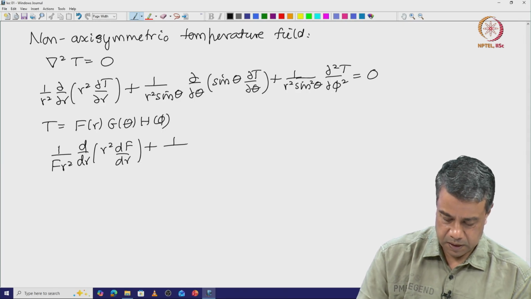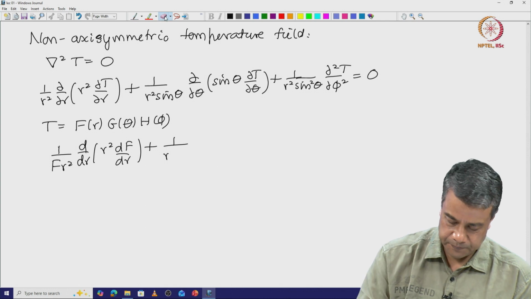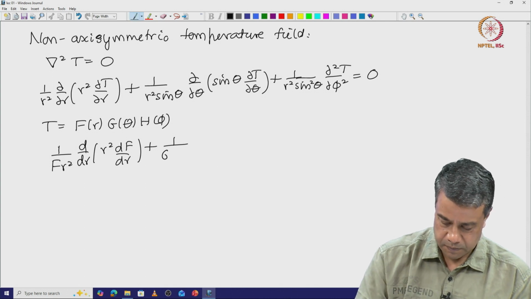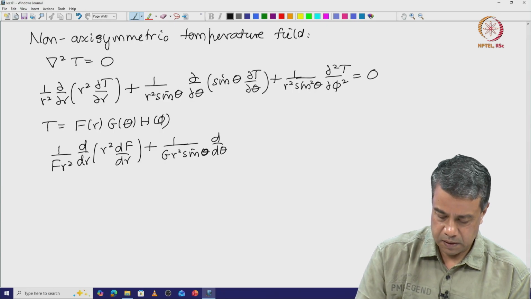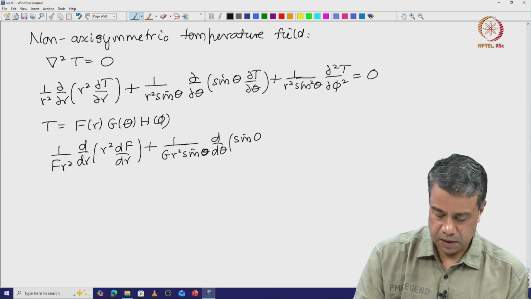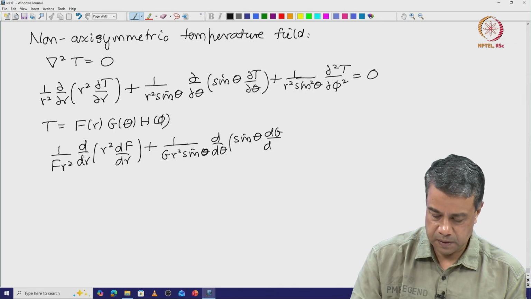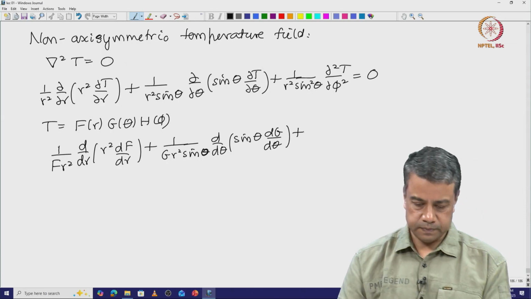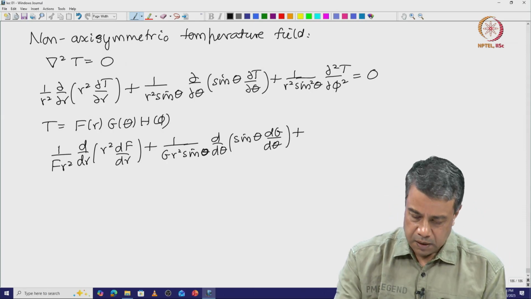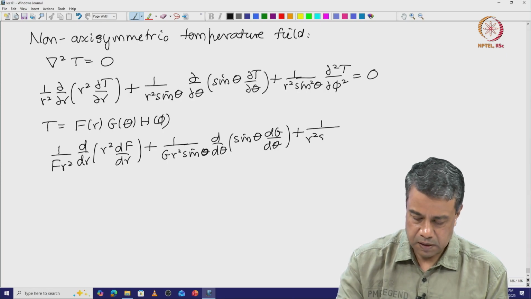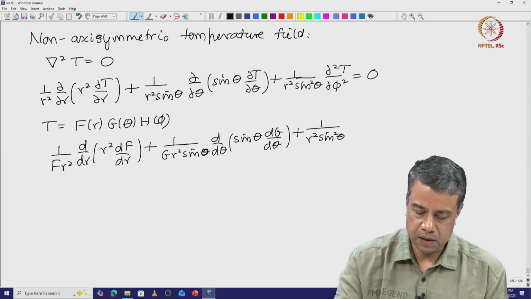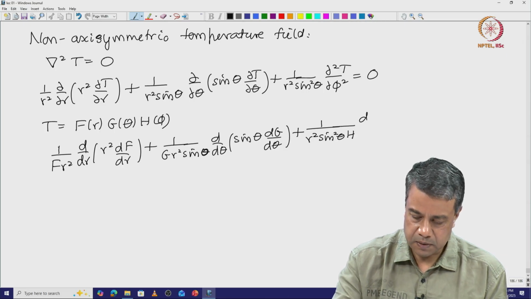Plus 1 by g r square sine theta d by d theta of sine theta dg by d theta plus 1 over r square sine square theta into h d square h by d phi square.